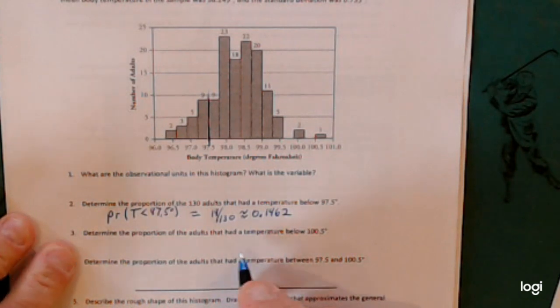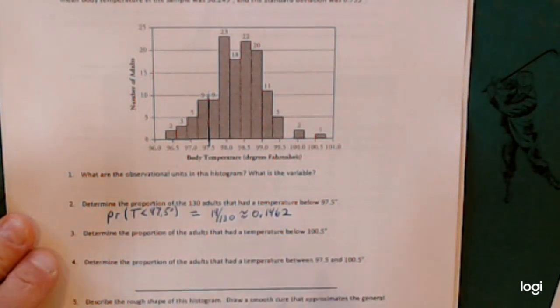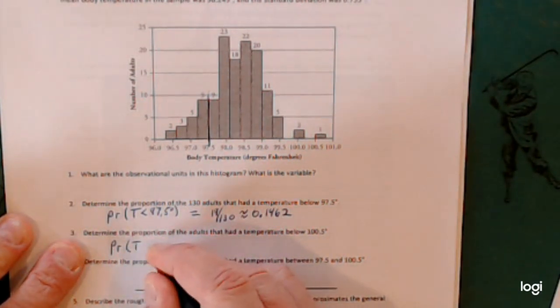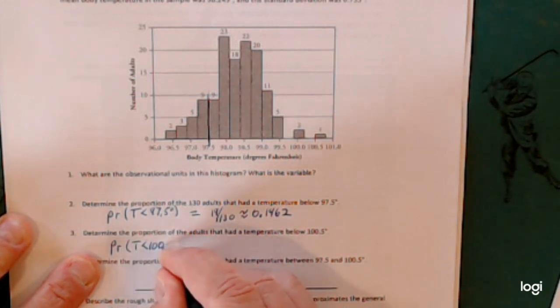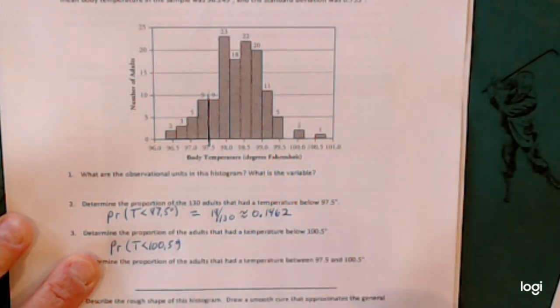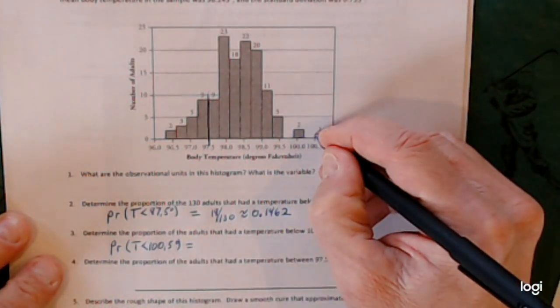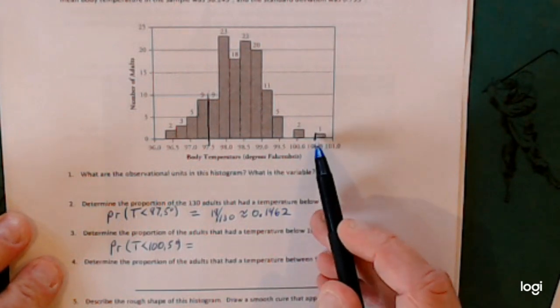Question 3 is similar. It says find the proportion of adults that had a temperature below 100.5. So PR, the probability or the proportion who had a temperature below 100.5 degrees. We're looking for everybody who has a body temperature below 100.5 degrees.